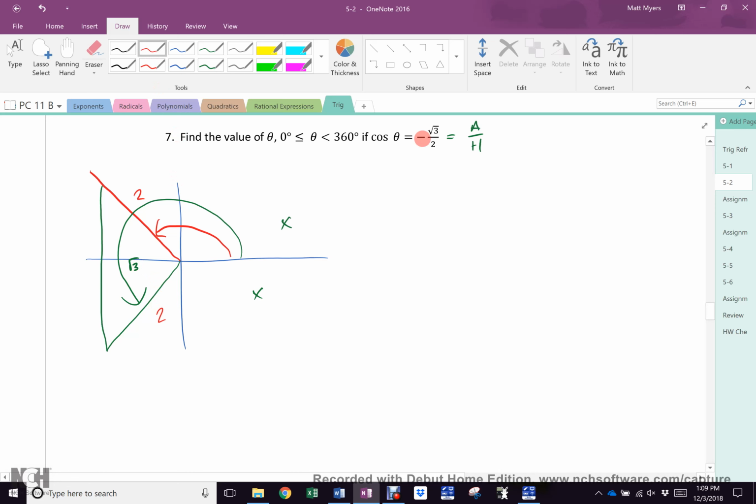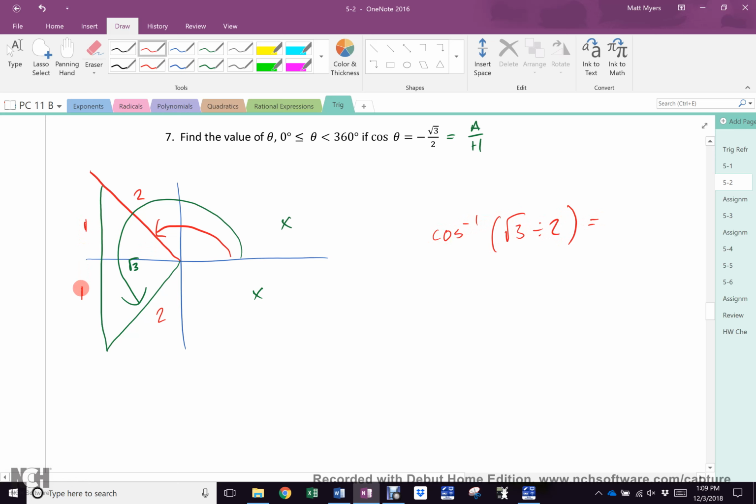Since I already have cos, what do I do to get a value for theta there? You could do shift cos root 3 divided by 2, and that would get you an answer. Or, as Rena says, you know that this is 1.